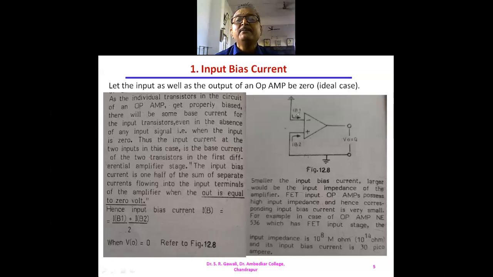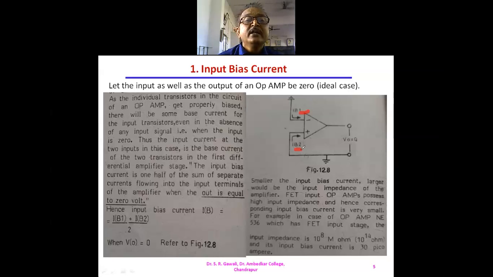IB1 is the input current flowing to the one terminal, and IB2 is another input current, input bias current flowing to the another terminal of the operational amplifier, and because of that we get some input bias current.